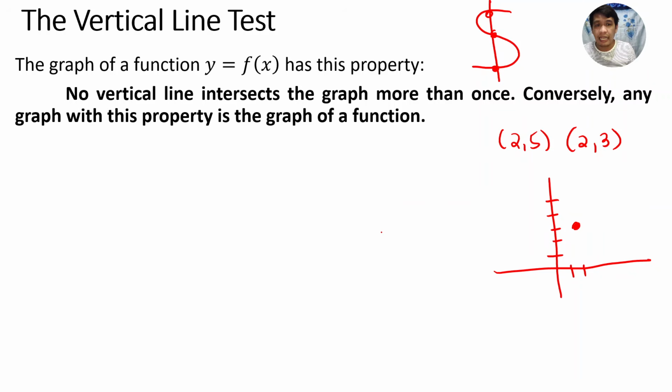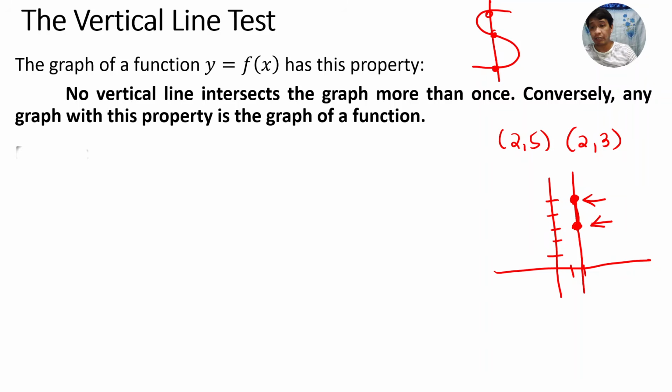And I have here 2, 5. Ito yun. So, if we join these 2 points, makaka-form tayo ng vertical line. And obviously, hindi siya function as per definition kasi nag-touch siya ng 2 points sa ating vertical line. So, yun yung pinagmula ng vertical line test.